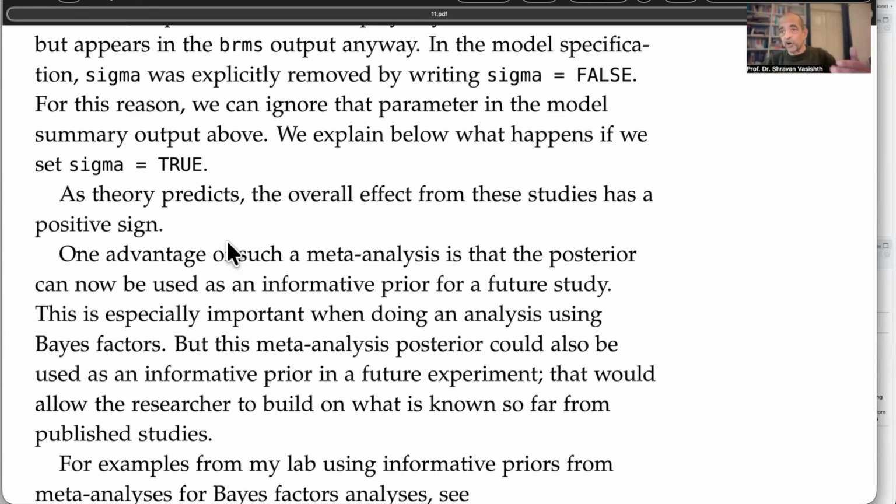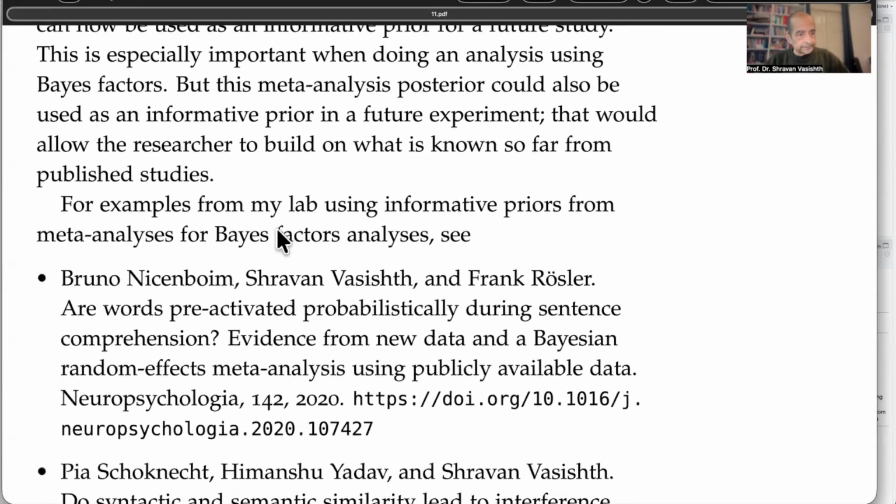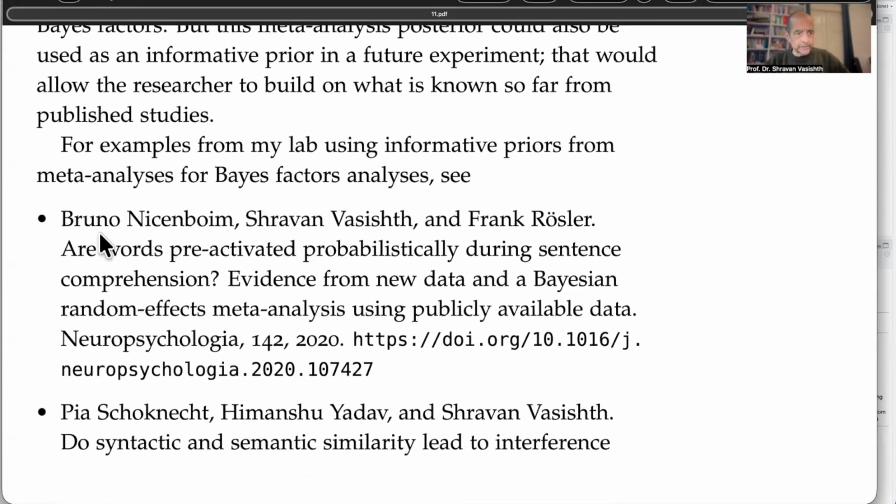Here is the formal way that you can incorporate your prior knowledge into your current data analysis. So very valuable stuff, right? So that's one thing. In this paper, you will see how we accumulate knowledge. We demonstrate in this paper how you can build up your knowledge about a particular problem, which happened to be very controversial in the literature. There was a big drama about this, which I can talk about in the class if you want.